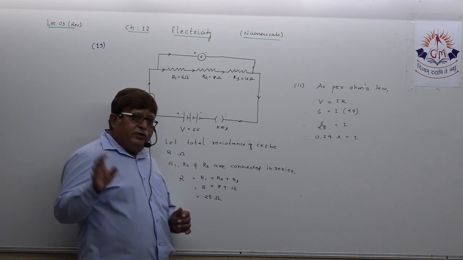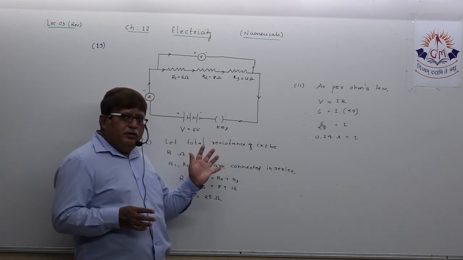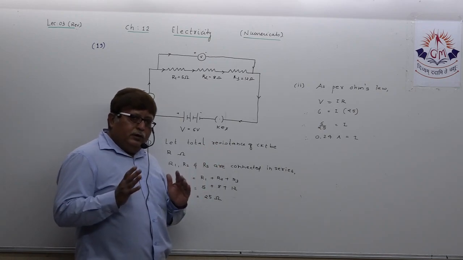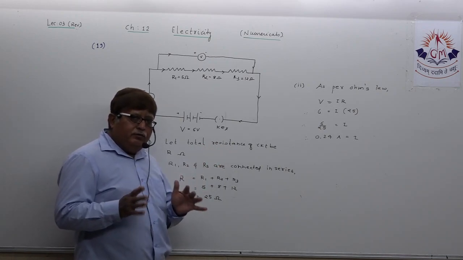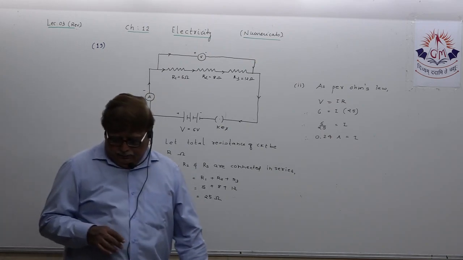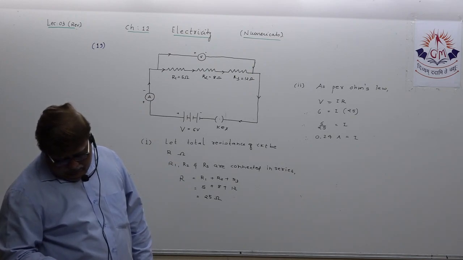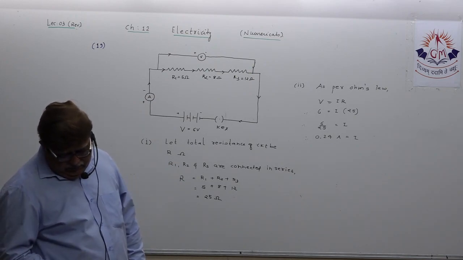He will just check that your answer is correct, and then he will go through this. Understood? So, once you get the correct answer, you need to highlight it. Clear? So this is numerical number 19 we have done.